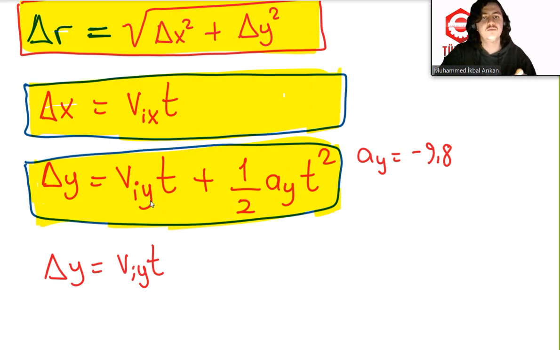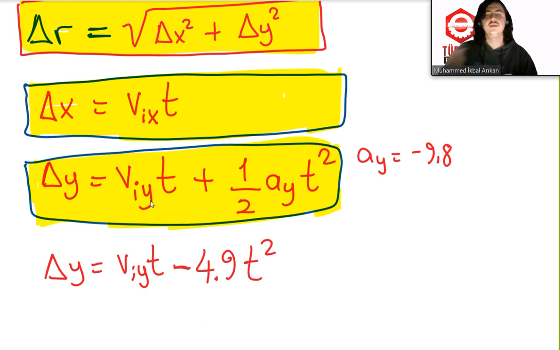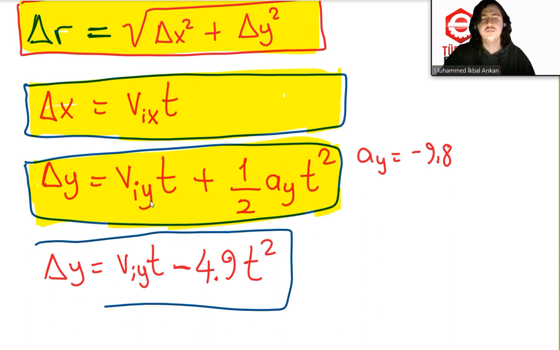So positive multiplied by negative multiplied by positive will give me negative. So I will put here negative. Half of this value will give me negative 4.9 times time squared. So this is our delta y formula: v initial y times t plus minus 4.9 times t squared. This is one of our formulas which we will use.